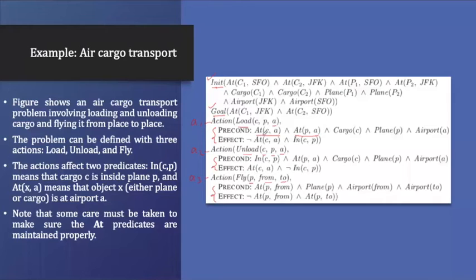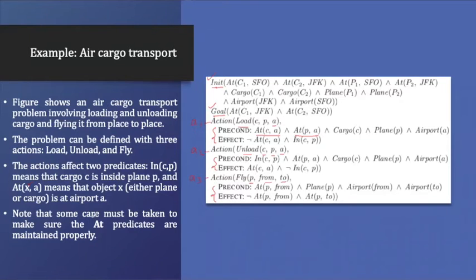So for the At predicate, X will be either the cargo or the plane, and A is nothing but the airport. Here P is a plane, here C is a cargo, and both are used in the At predicate.